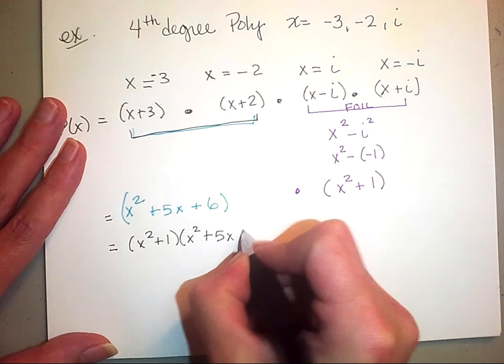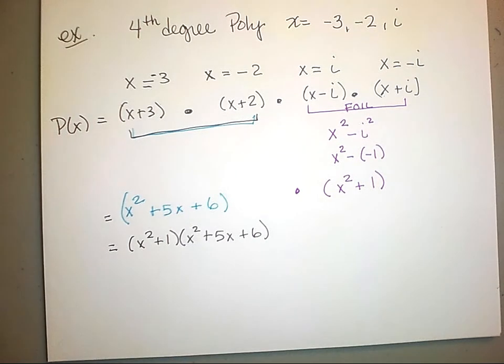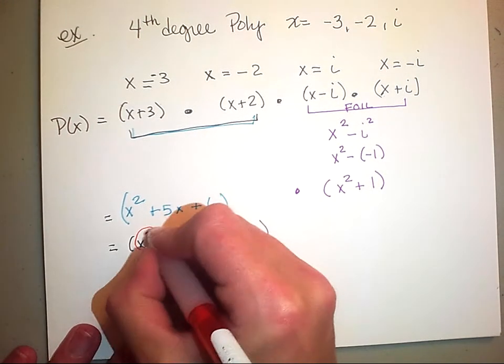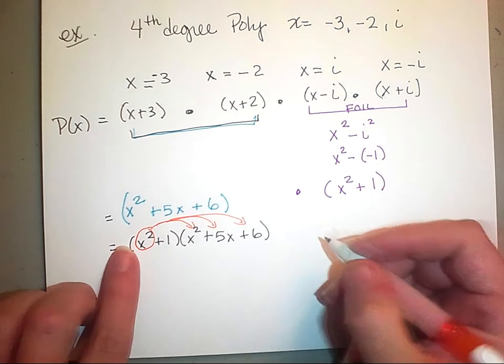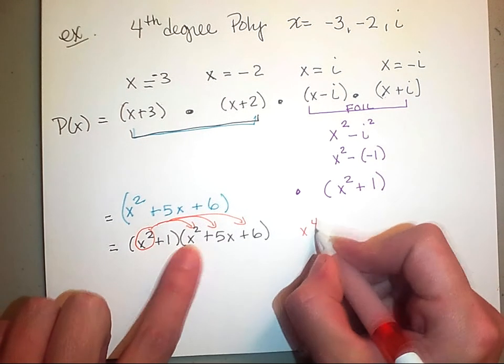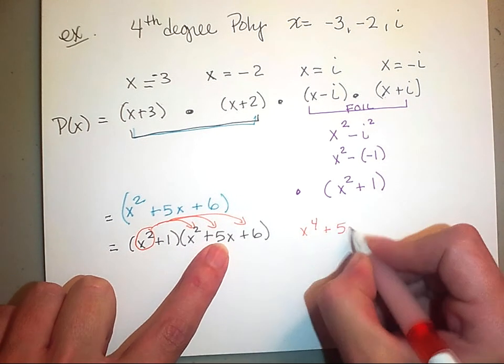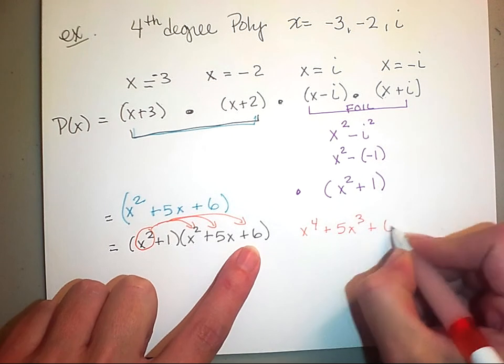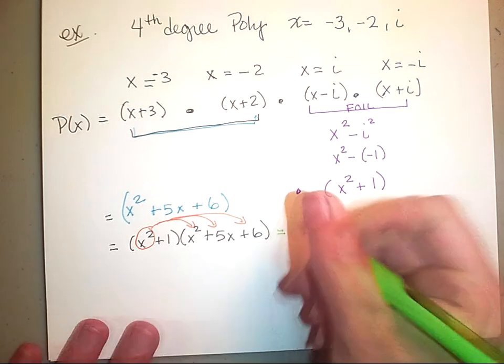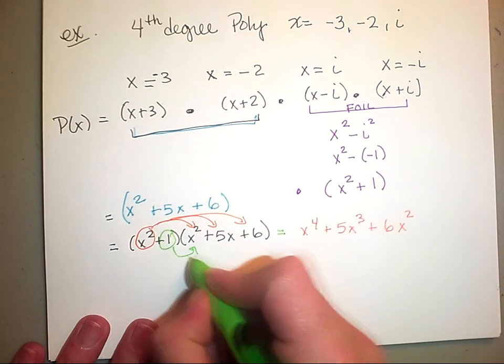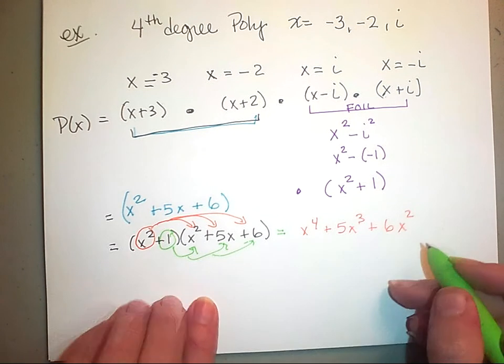When multiplying polynomials, you'll have to take the first term and distribute it through everything. So that gets us x to the 4th plus 5x cubed plus 6x squared. Then I have to take this one through. 1 times anything is itself.